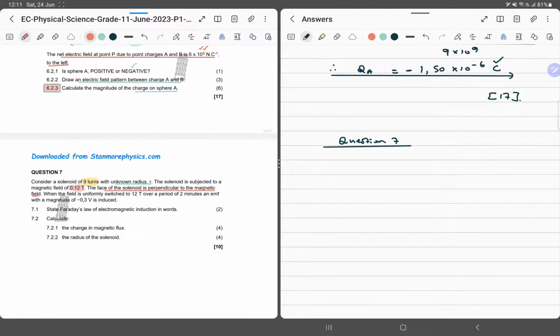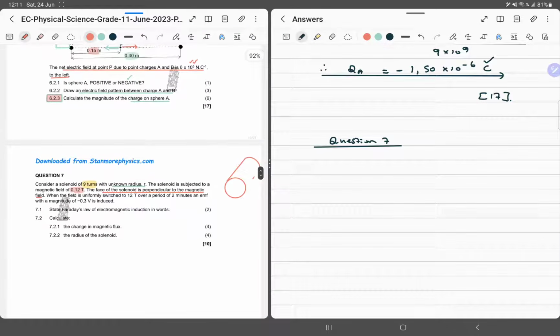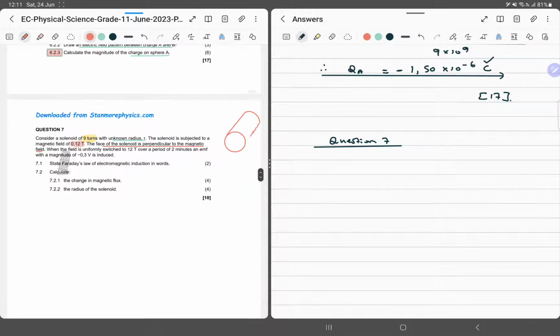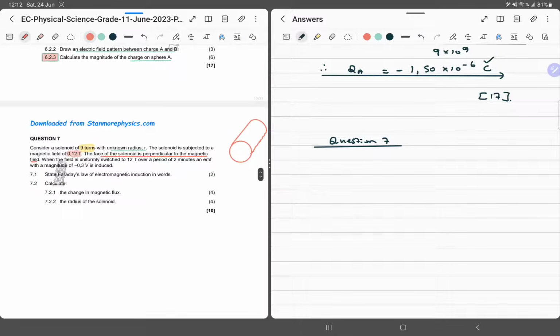The face of the solenoid is perpendicular to the magnetic field. So this simply means if this is the solenoid, there's the face.